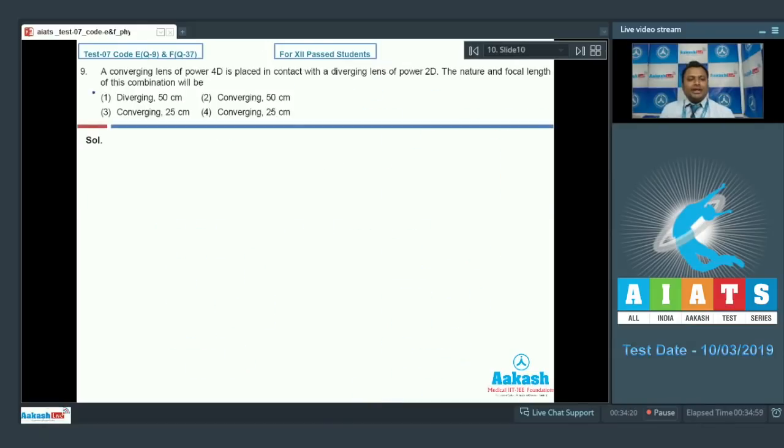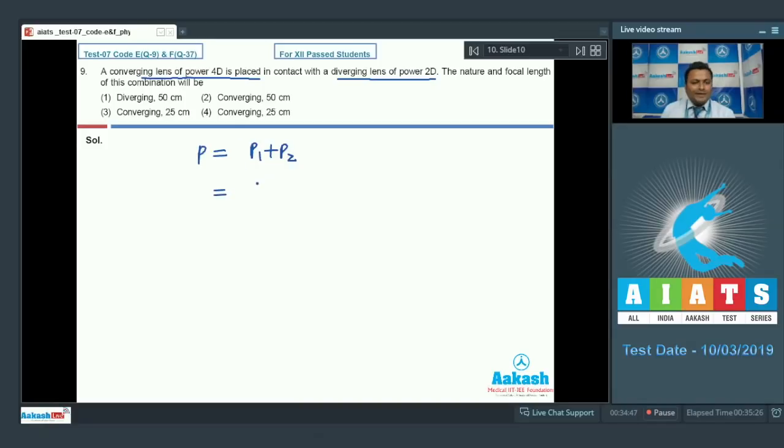Here is question number 9. A converging lens of power 4 diopter is placed in contact with diverging lens of power 2 diopter. The nature of focal length of this combination will be what? Here the nature is converging and here the nature is diverging. So the net power will be given by P1 plus P2. As there are only two lenses in contact, so P1 plus P2.